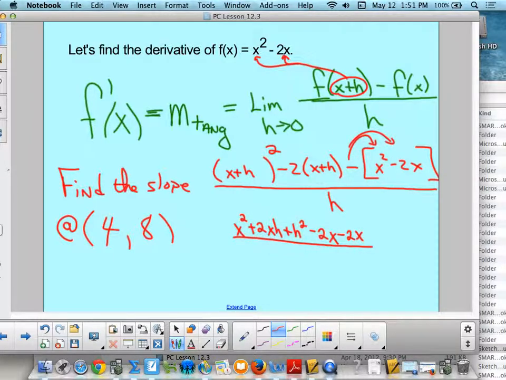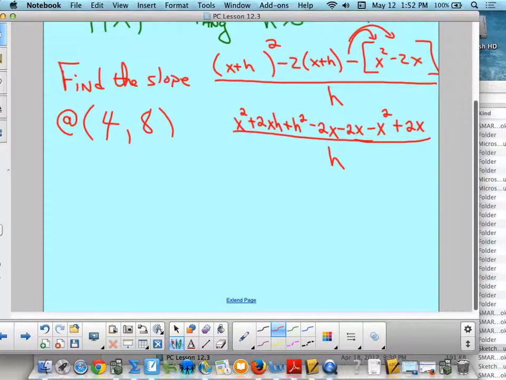You won't believe how many times students get it wrong because of this little piece right here. That minus sign messes everybody up. Lots and lots of cancellation all the time: 2x minus 2x, x squared minus x squared. I feel like, did I mess up?